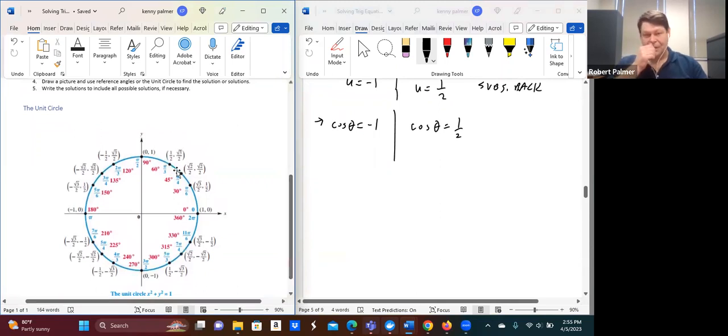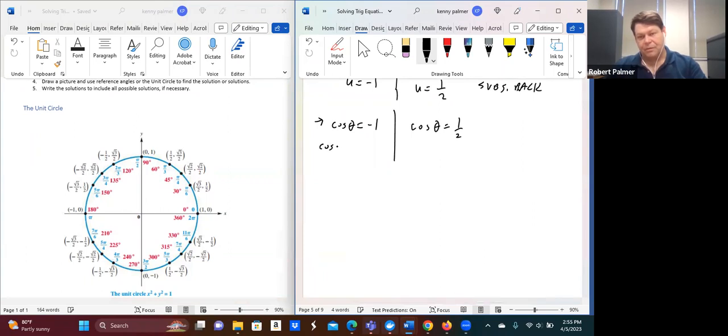Cosine of theta is less than 0, is negative, in quadrants 2 and 3, basically on the left side of the y-axis. Okay, so if we look at solutions there, cosine is -1 in one spot, actually at pi. Okay, so for this part, theta is equal to pi.